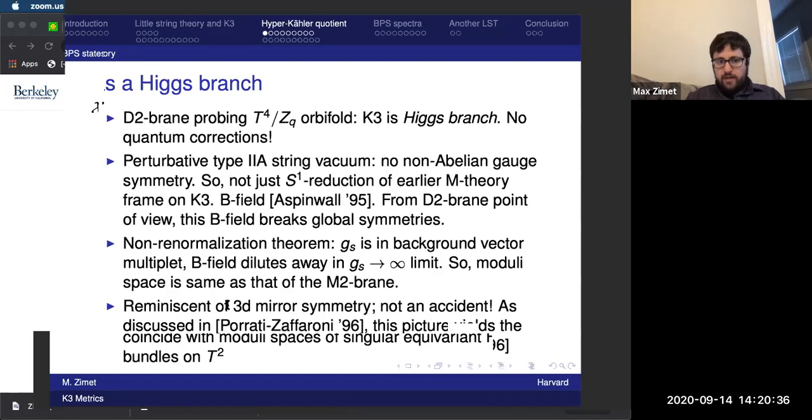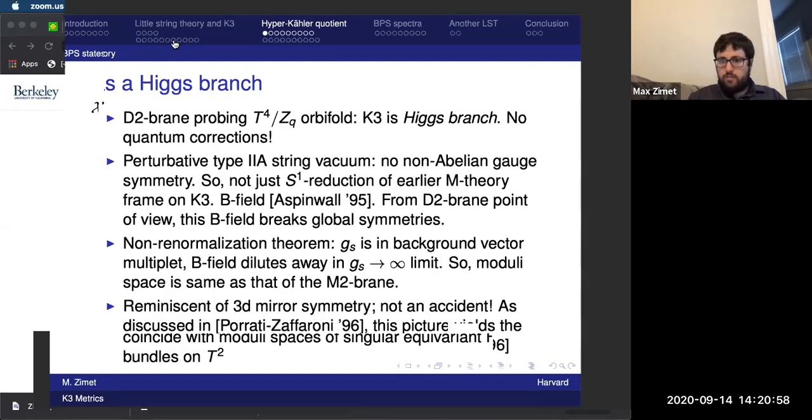And this is reminiscent of mirror symmetry. We have two different 3D theories. One is this little string theory compactified on T3, where we're studying its Coulomb branch. And one is this D2 brane probing this K3 orbifold, and we're studying its Higgs branch. And furthermore, the global symmetries of those two theories differ.